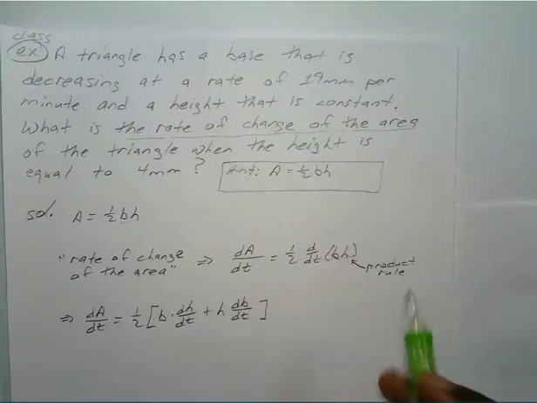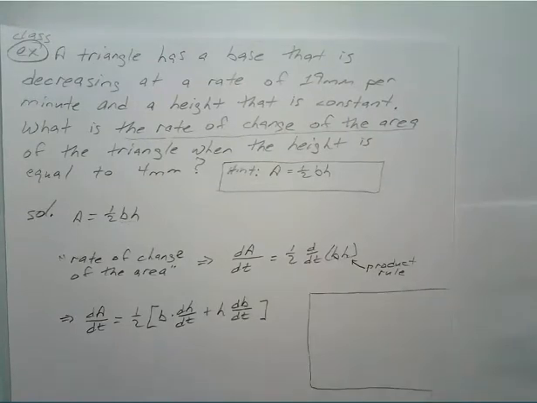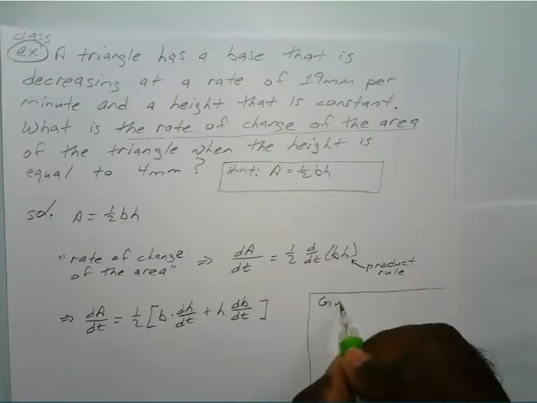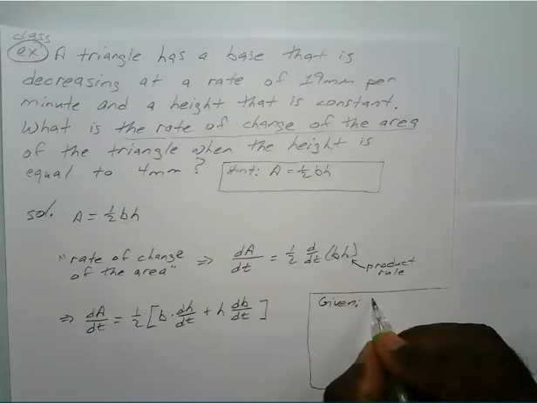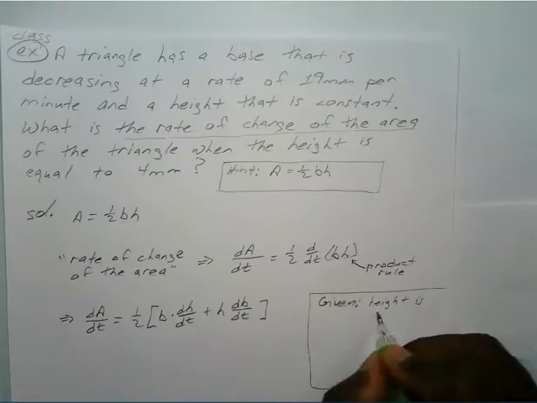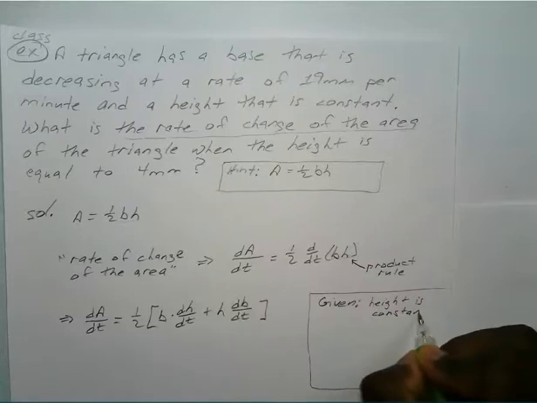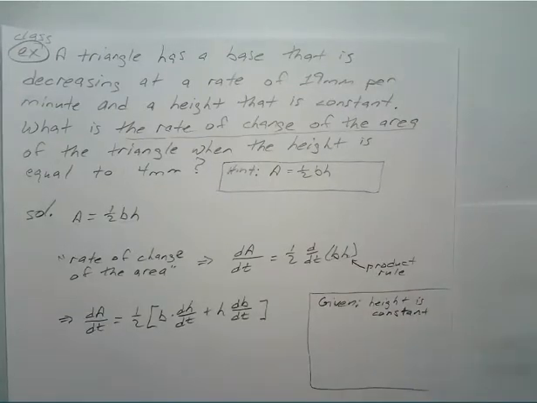All right, now if you think to what's given, they tell you that the height is constant. Okay, so we don't have to know what the height is to know that it's constant.